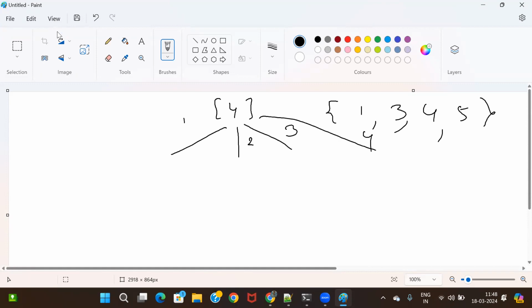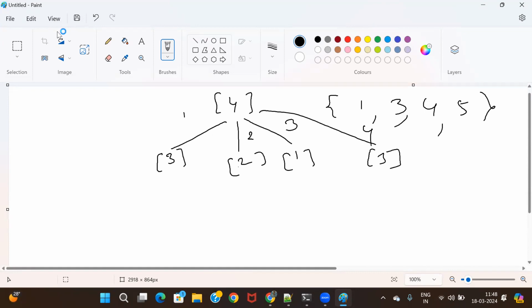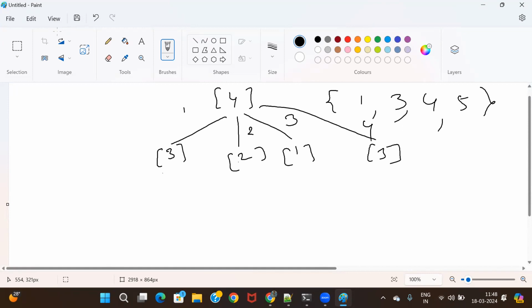If you cut a piece of length 1, the remaining length is 3. Here the remaining length is 2. Here the remaining length is 1. And here the remaining length is 3. Next, this can be cut into a length of 1, 2, and 3.